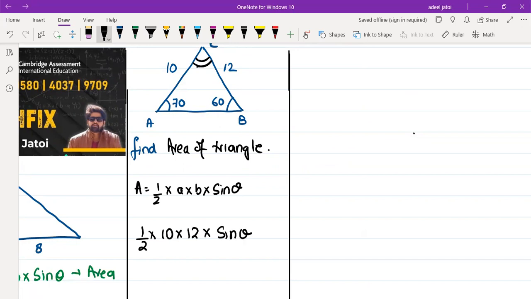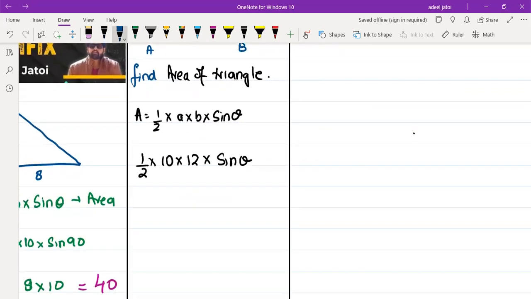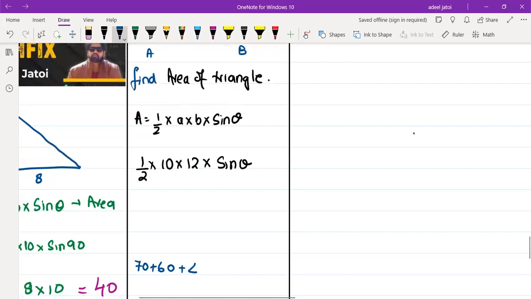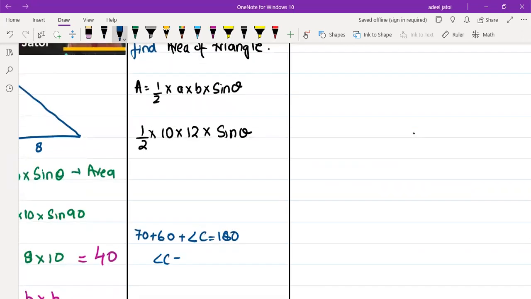But theta can easily be found using the angle sum of a triangle, which will be 70 plus 60 plus angle C equals 180. Angle C is equal to 180 minus 130. Angle C should be 50. So we can write half into 10 into 12 into sine 50.